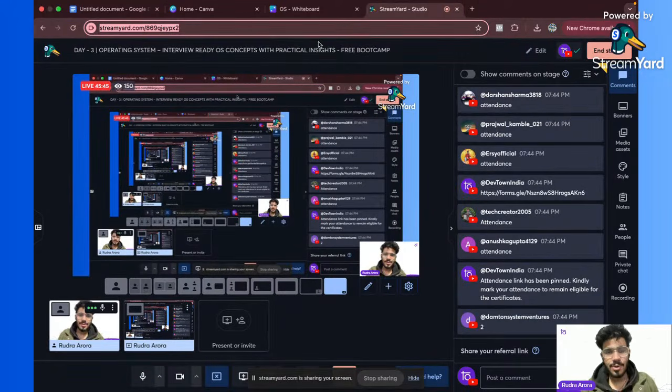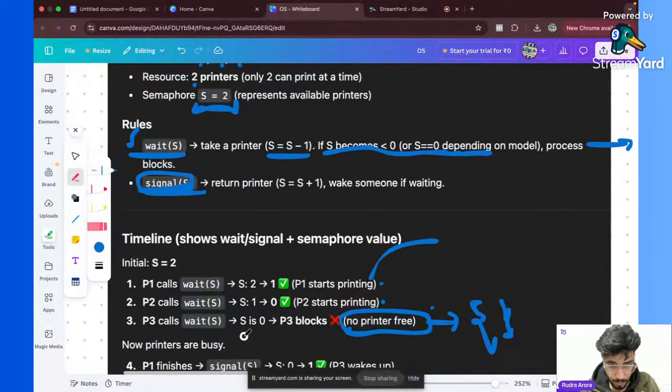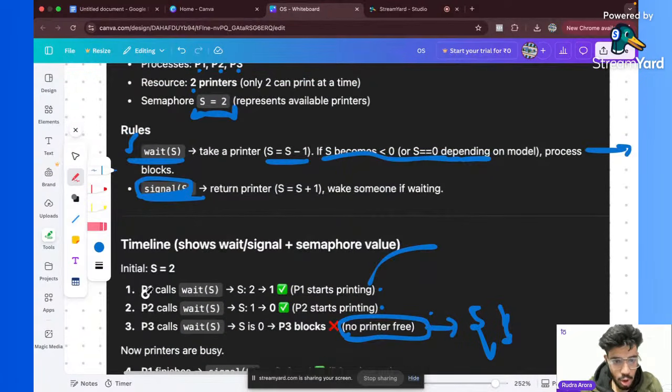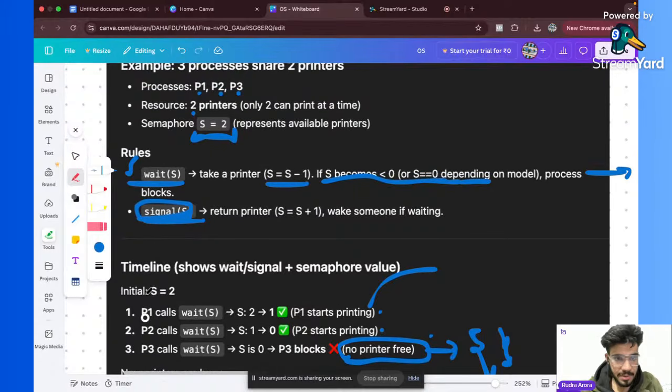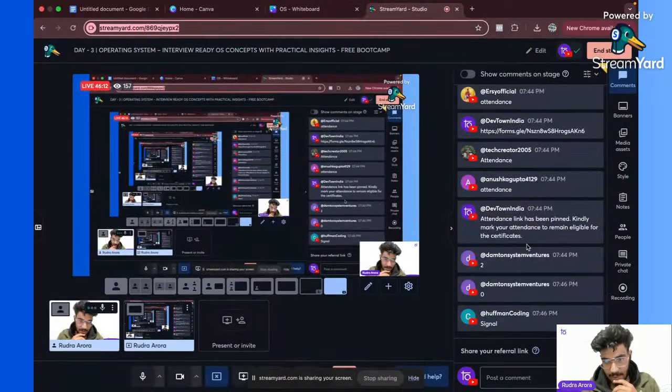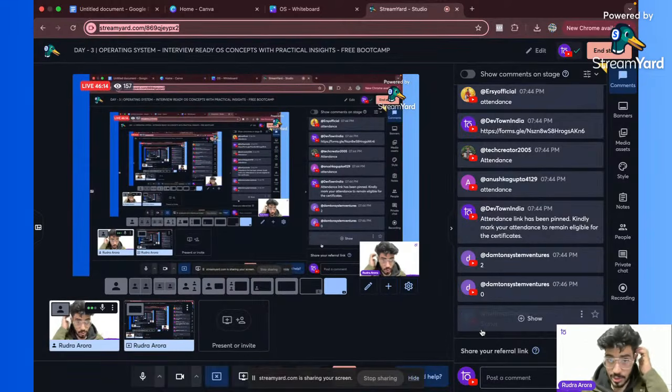Okay, just tell me these two things. When P1 finishes its execution, will it call wait or signal? After completing, what will it do? Yes, someone said it will call signal, right?